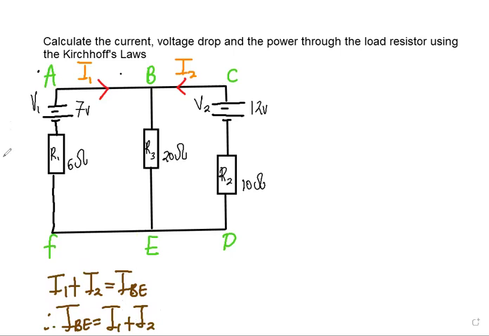It means we have a current going in that direction, which is represented by I1 plus I2. That is our direction of the current.